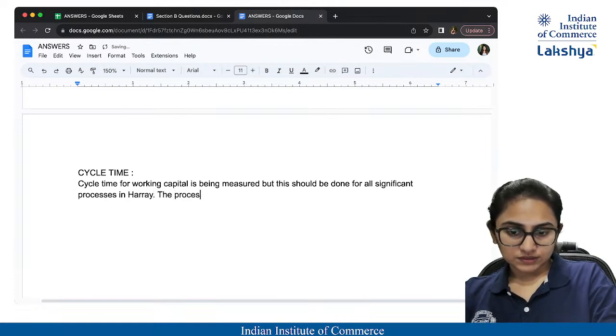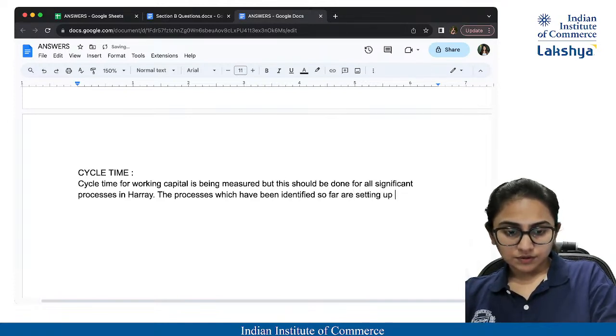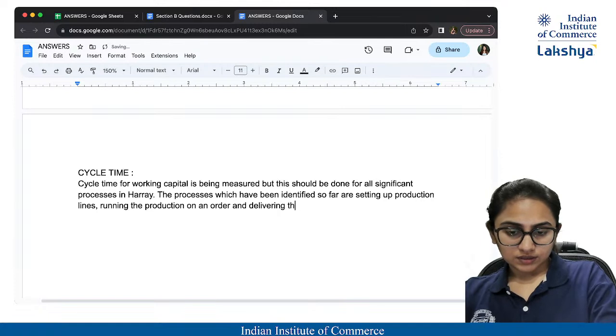The processes which have been identified so far are setting up production lines, running the production on an order, and delivering the order.